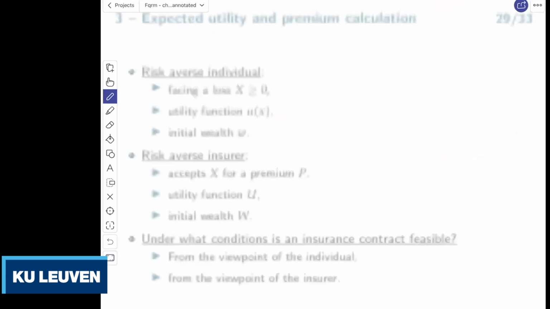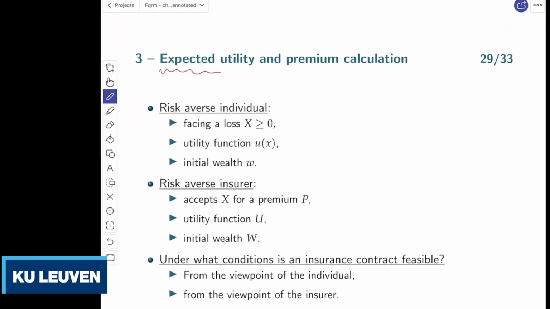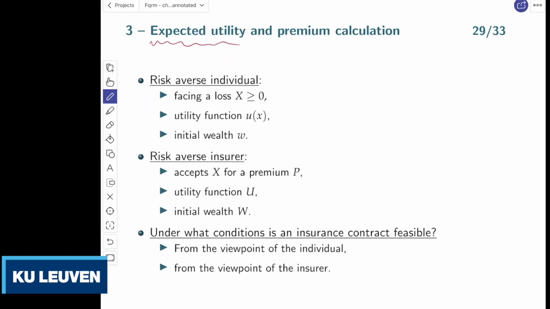Okay, let's now have a look at the relation between expected utilities, what we explained so far, and premium calculation when you want to take insurance. There are two sides when you want to take insurance.